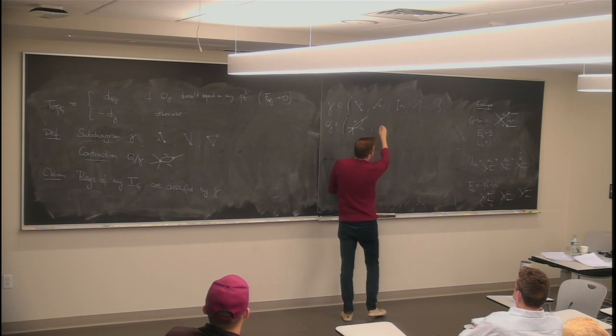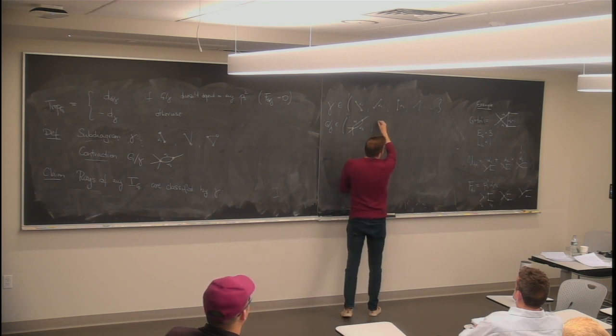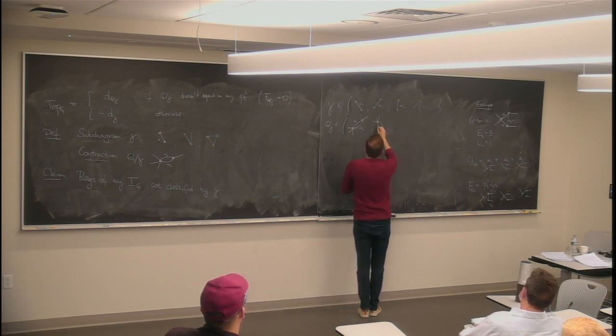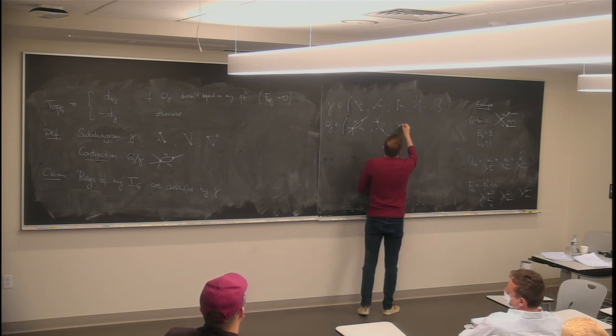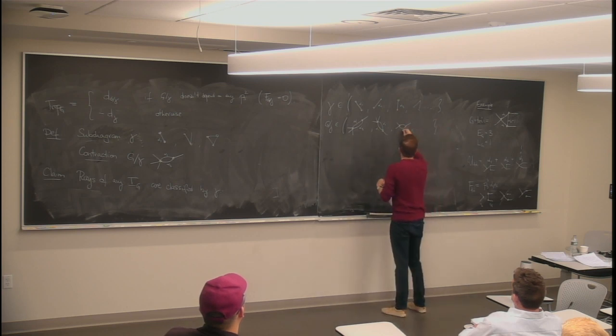So this is a list. In this case, we have contracting alpha 2, which gives us this. And in this case, we're contracting alpha 3, which gives us this.